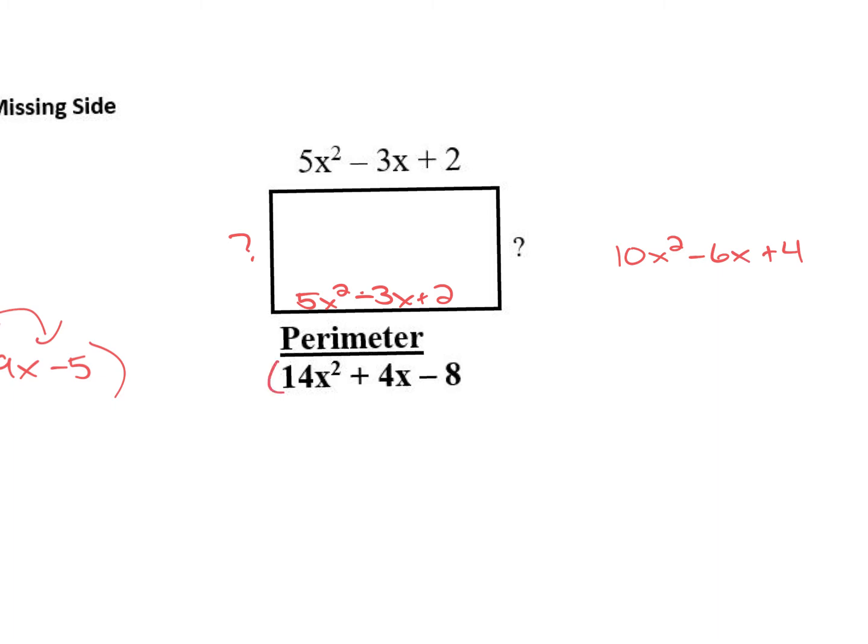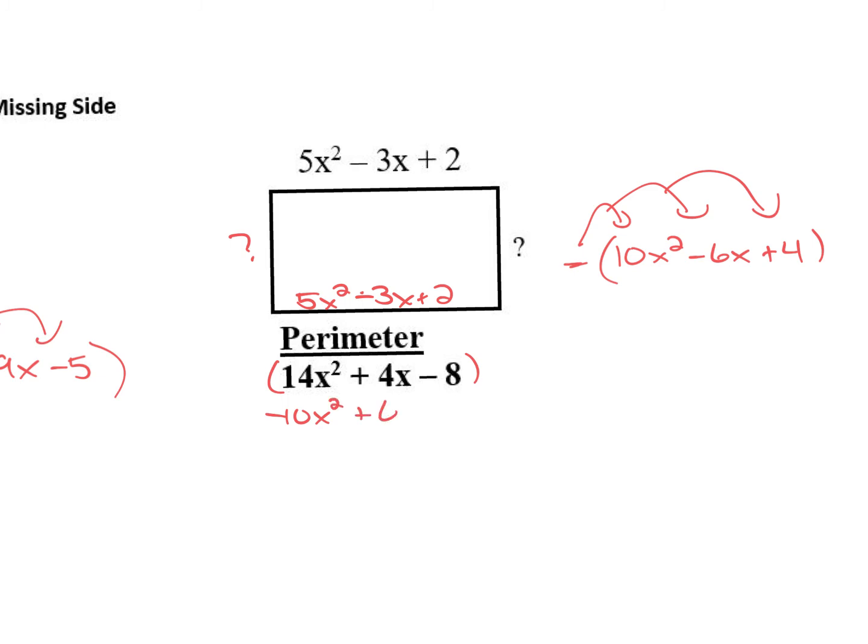Now, once again, if this is our total, we are going to subtract our negative 10x squared minus 6x plus 4. And when we do that, we are subtracting all of them.